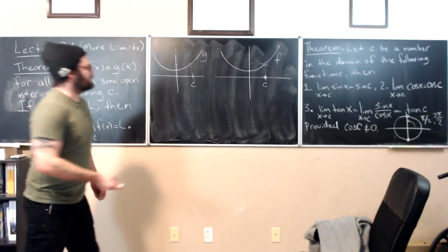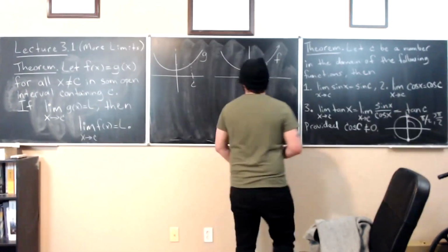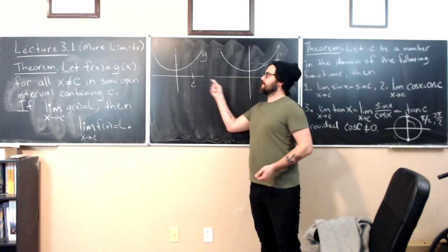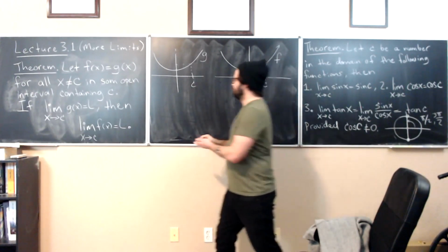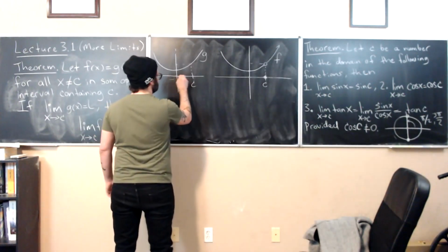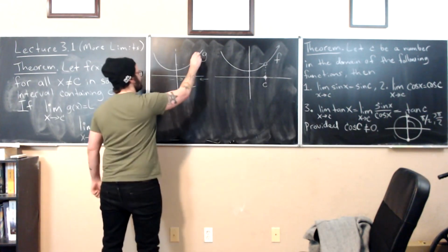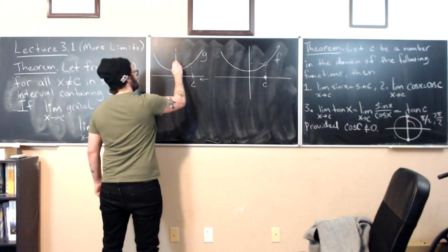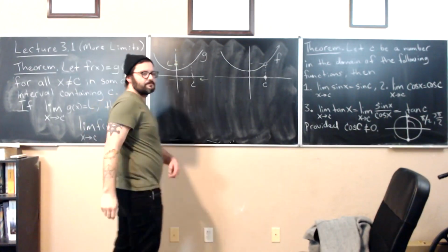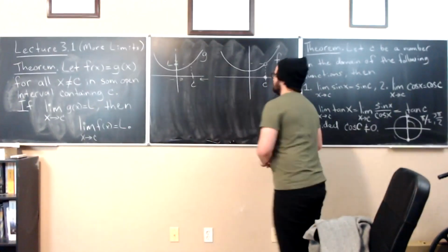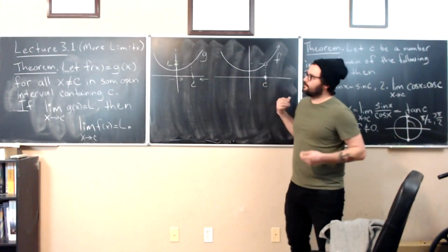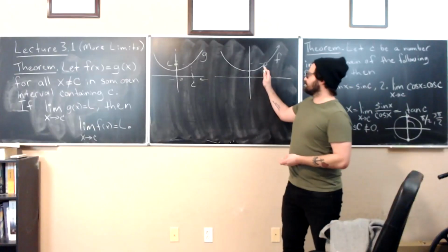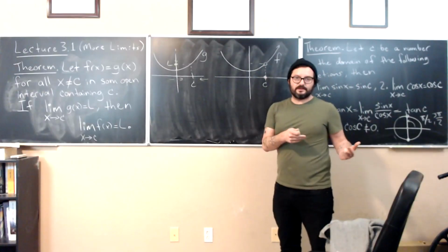Now, hopefully this should make sense, right? Because if we look at the behavior of g as x approaches c from this direction and from this direction, as we're heading this way or that way, the function's values are heading towards some value there, L. Now, because f is the same function as g, with the exception of that one point, f is going to behave the same way as g.